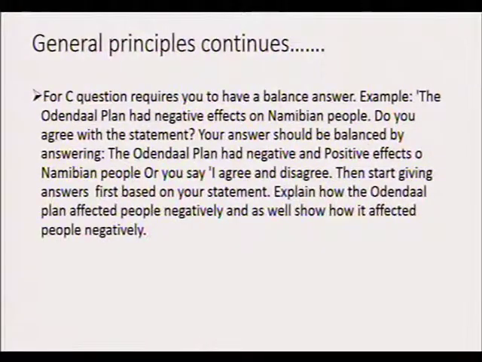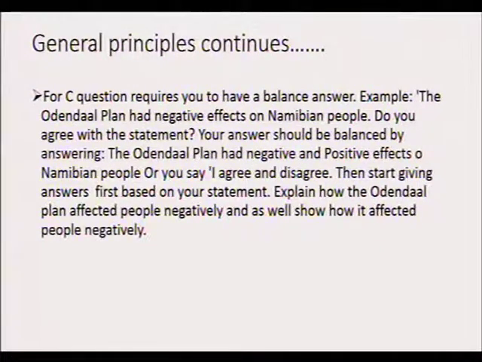For C questions, this one requires you to have a balanced answer. For example, the Odendaal plan had negative effects on Namibian people.